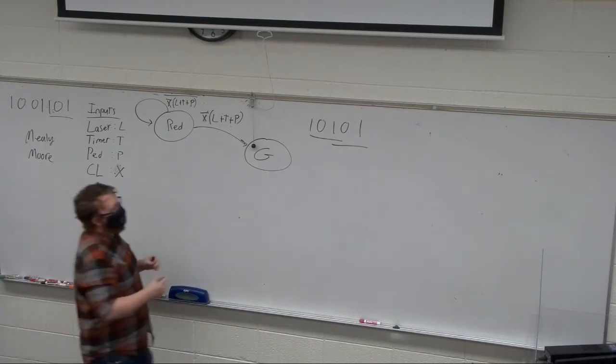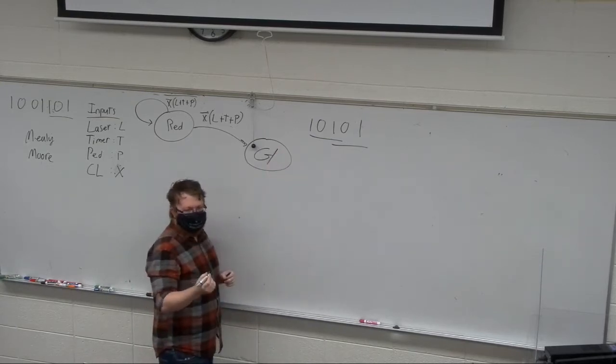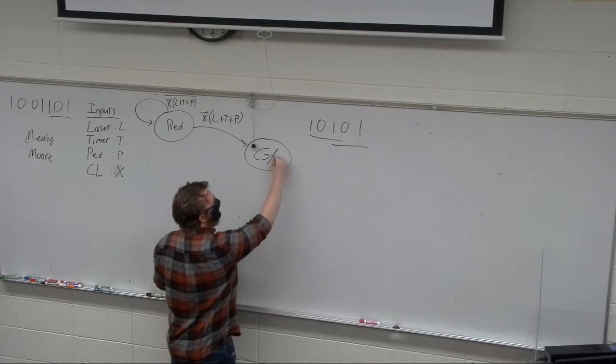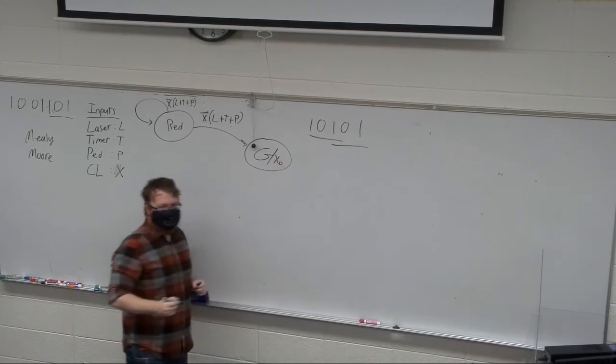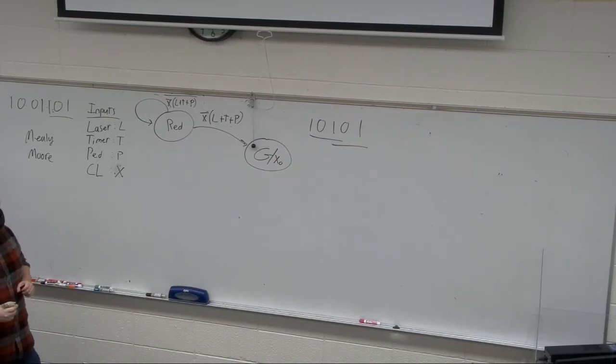So not only do we have a green light, but we also have an X out, right? But what happens if the other one is green?